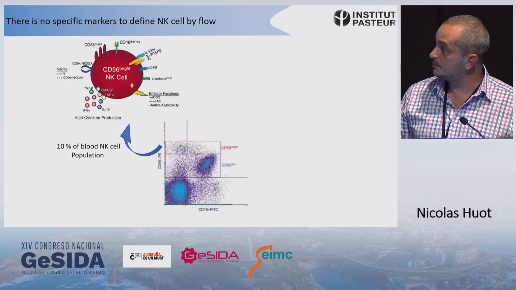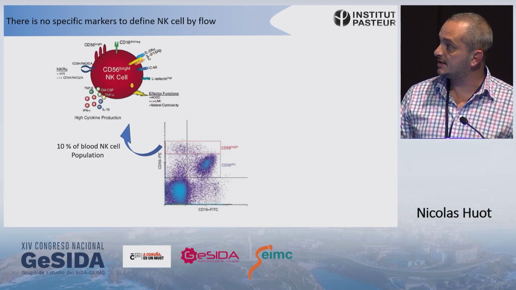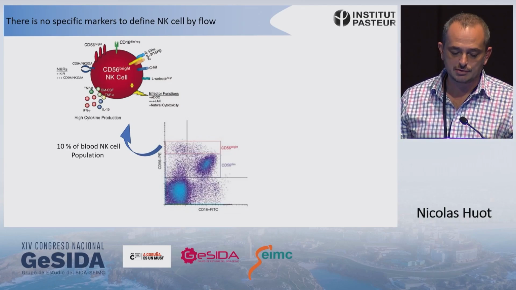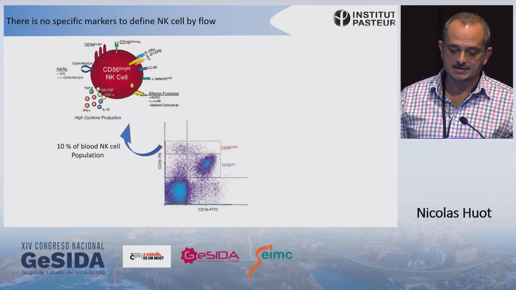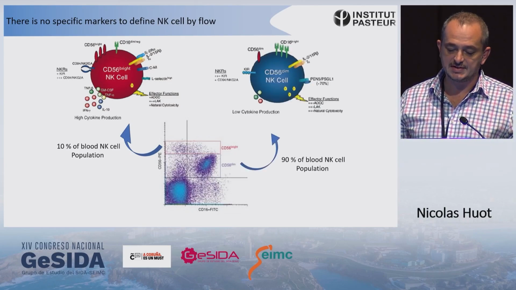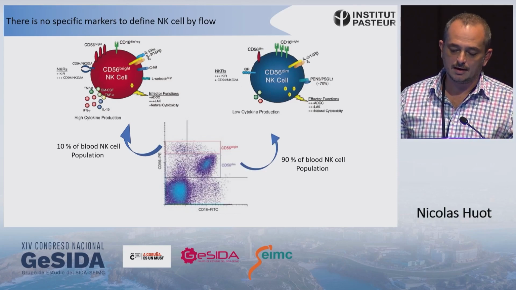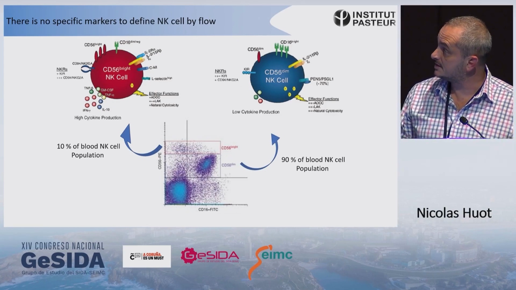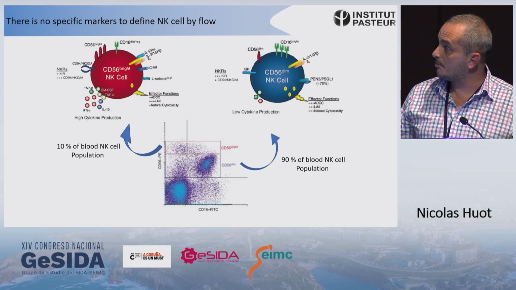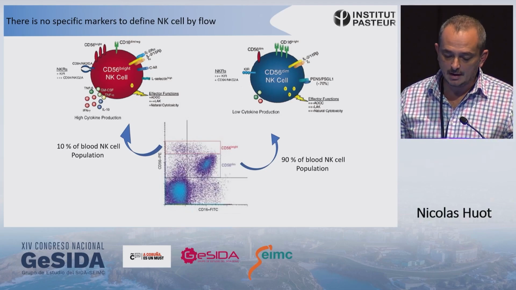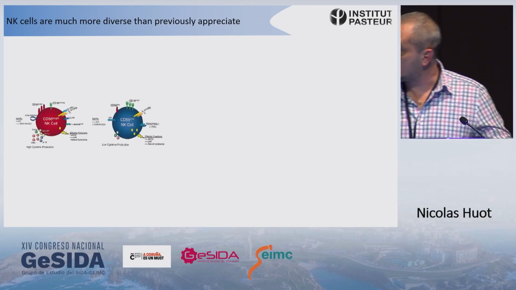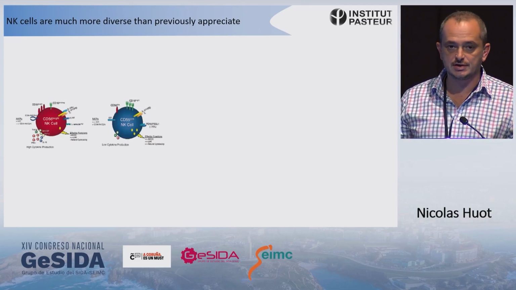The first subset was the CD56 bright NK cells, which are considered as immature NK cells and are able to produce a lot of cytokines, and their counterpart, the CD56 dim NK cells, are known as the killers because they are mainly involved in the recognition and the elimination of the target cells, and they are considered as the more mature NK cells.